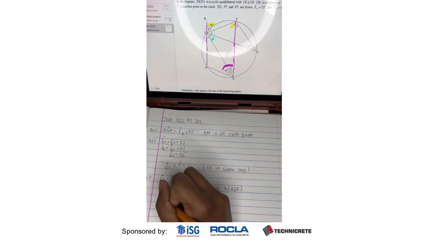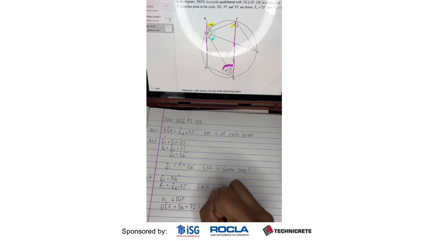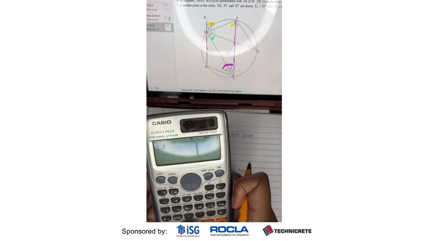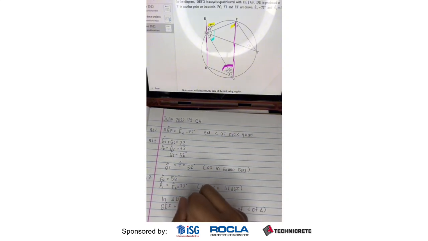Then we use sum of angles of a triangle. So in triangle EGF, we want to find the angle GEF plus 56 plus 72 is equal to 180. Sum of angles of a triangle, and then we solve. So 180 minus 56 minus 72 is 52. So GEF is equal to 52 degrees.